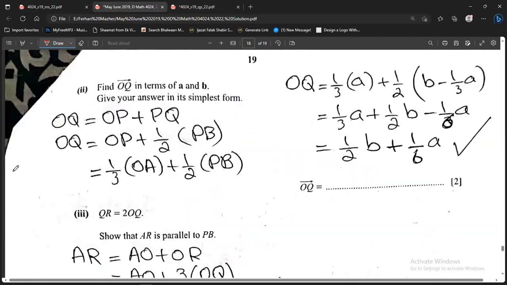Simple, straightforward. OQ is equal to OP plus PQ. OQ will be equal to OP plus 1 by 2 of the PB, because the PQ is the half of the PB. OP is 1 by 3 of the OA. So OQ will be equal to 1 by 3A plus 1 by 2 of the PB.